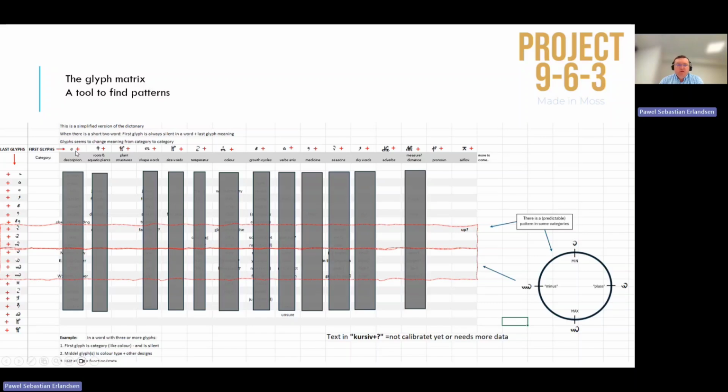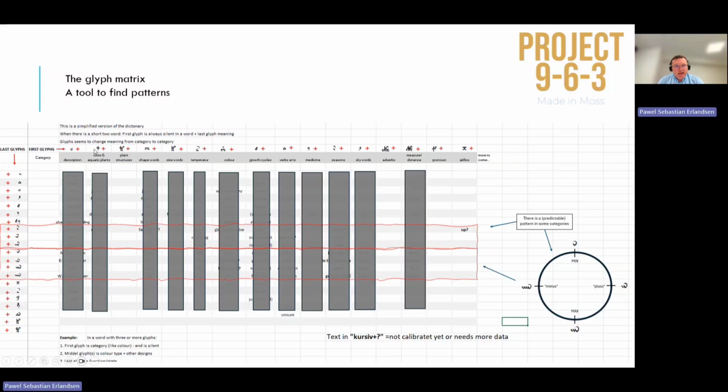It has no purpose other than identifying the correct category, so you can work yourself through the rest of the word. Additionally, in this model, I have used the last glyphs as a specific repeating pattern.